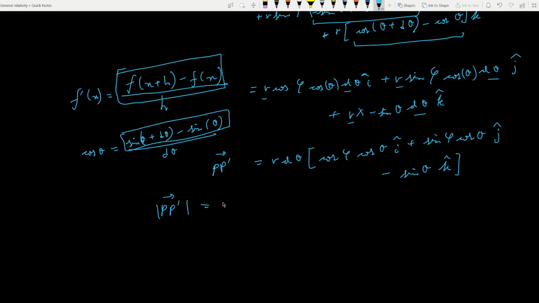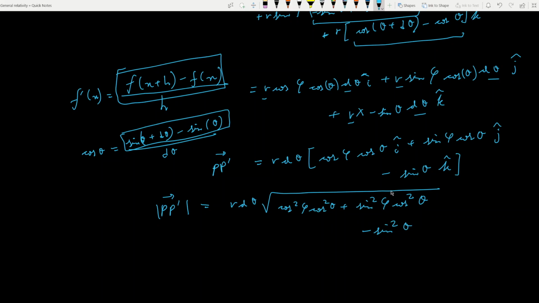So let's say we're going to square all these terms, and so we have r d theta on the outside, and then this should be cos squared of phi cos squared of theta plus sine squared of phi cos squared of theta minus sine squared of theta.